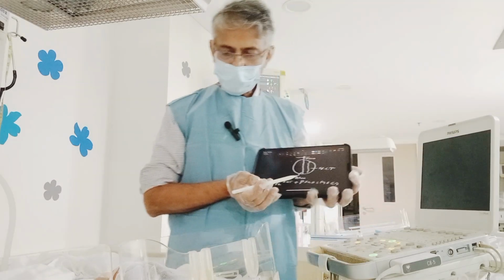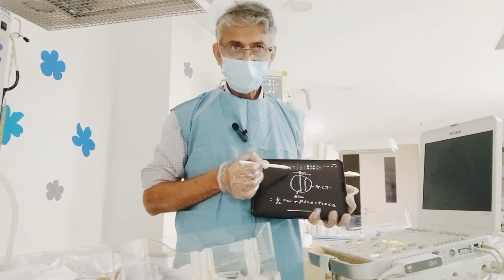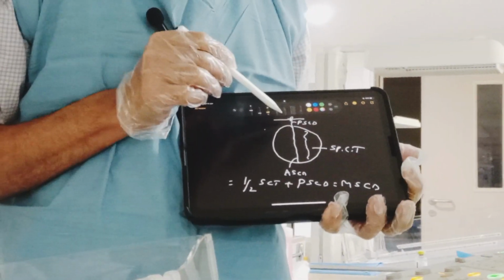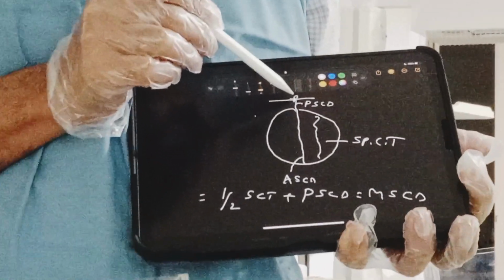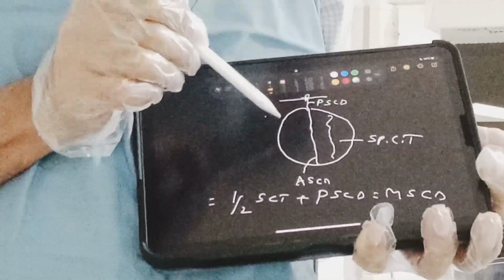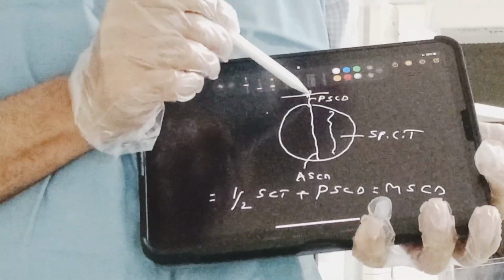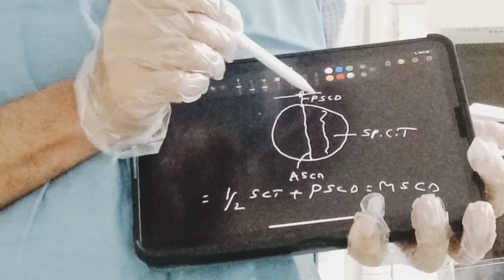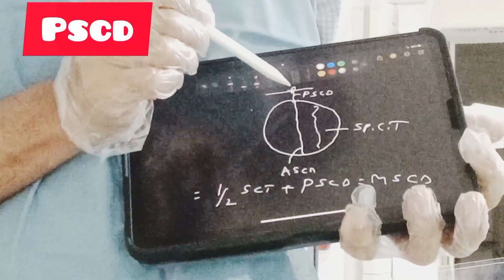What we are doing: this is the posterior aspect where the needle will be inserted. From the point of the skin till you get the bone, this is the bone exactly, isn't it? From here to the first bone, that is your posterior spinal canal depth.